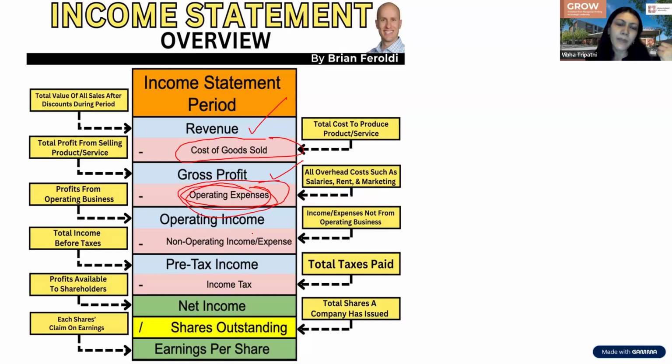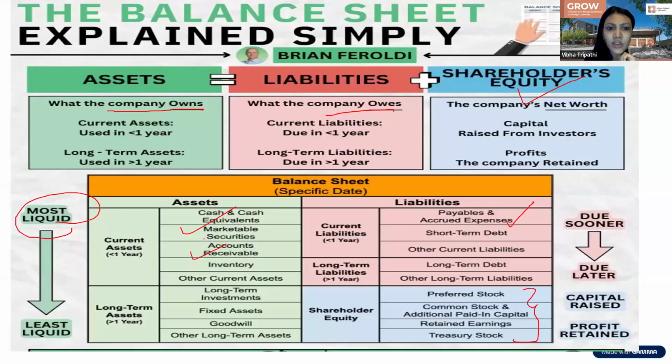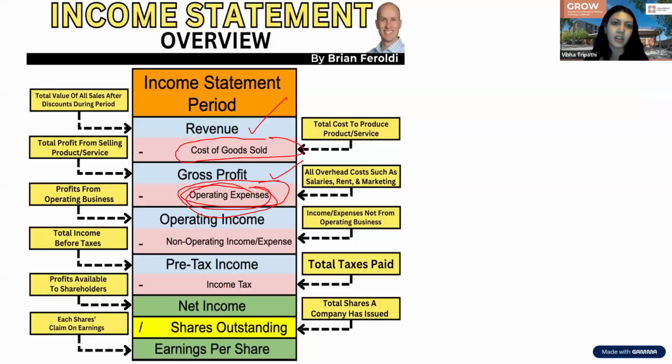Then what will help in these times? Your investments in the market. So you saw in the balance sheet that there are long-term investments. Everything has a connection here. So these are your marketable securities here. These are your long-term investments. Now, if you have invested in the market, you will be receiving something back there. That is called the other income for the company, or the non-operating income of the company.